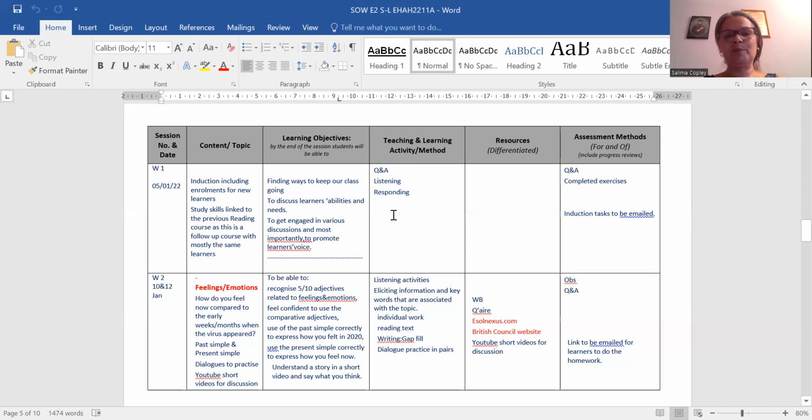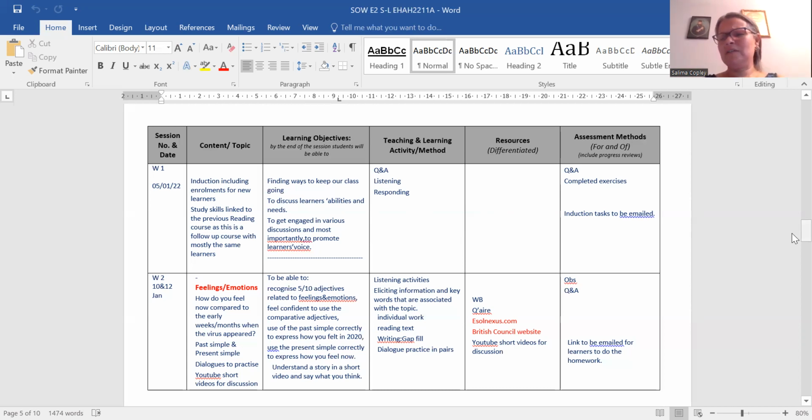Because I didn't put much here, you can see the difference between these 2, because that was the first week. I haven't used any resources. It was just the contact time, the assessment methods, questions and answers, completed exercises, because I dealt with induction. For people who needed more time within this week, I sent them the induction by email.